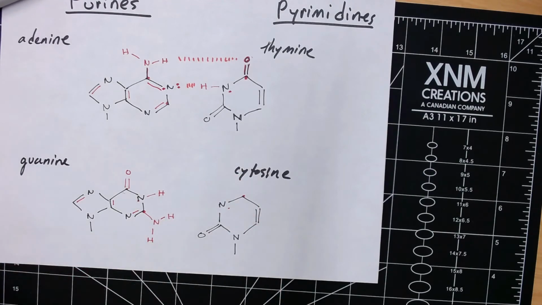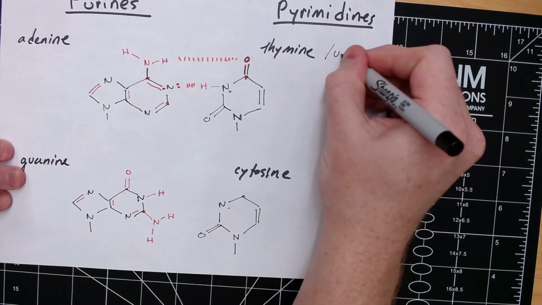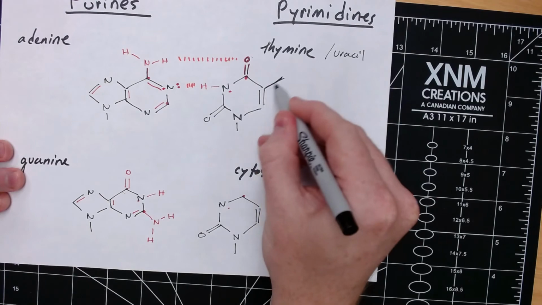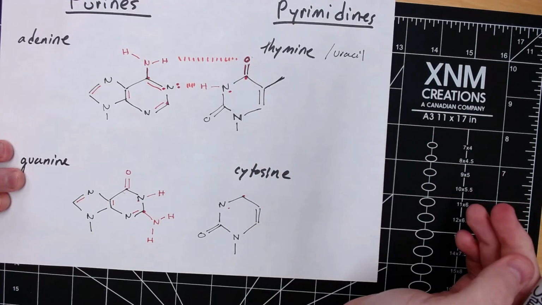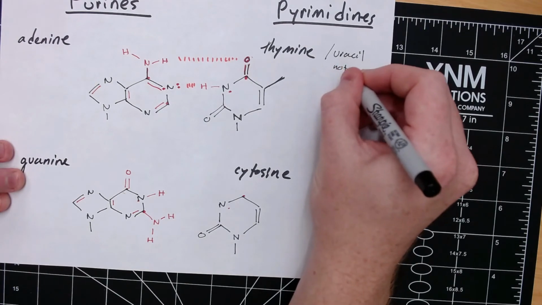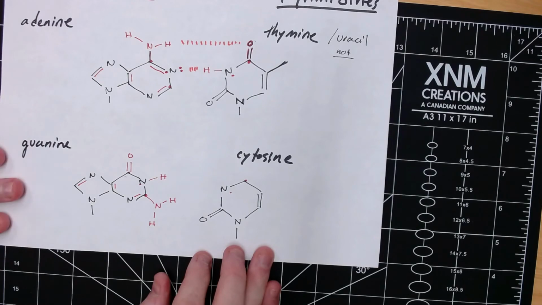The only other thing I should point out is that in the case of thymine and uracil, thymine is going to have this methyl group in this position, whereas uracil would not. Okay.